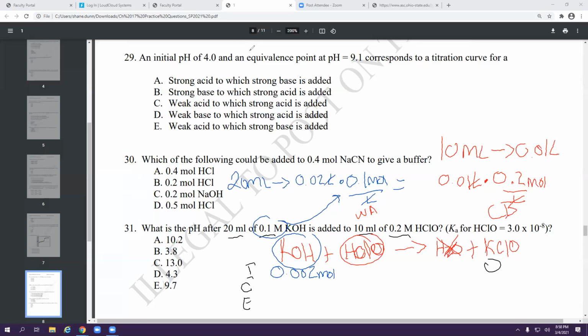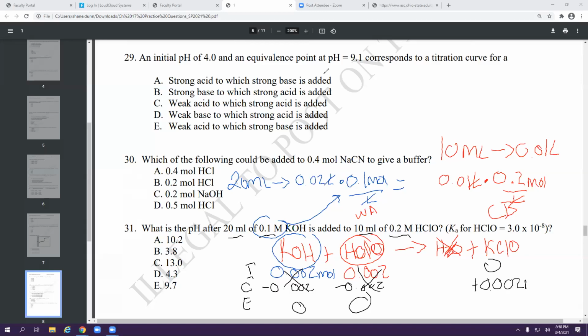I got 0.002. Oh no, what happened? They cancel each other out. So do I have a buffer anymore? 0.002 minus 0.002. Cancel, cancel. 0, 0.